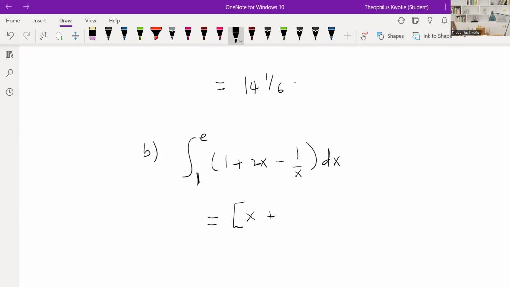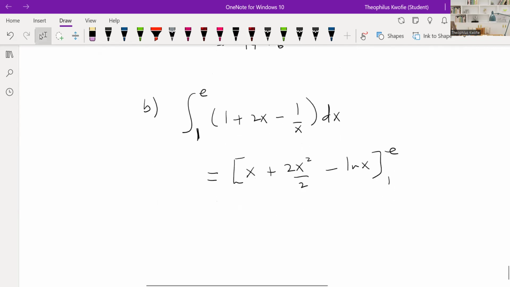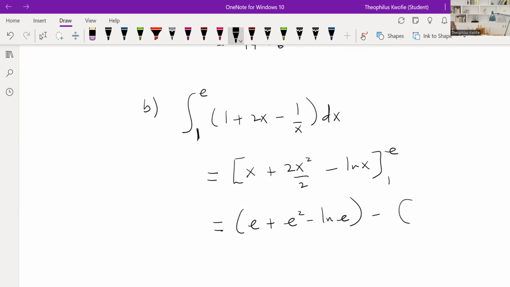And when we integrate 2x, we get 2x to the power 2 on 2, minus ln x. Then we evaluate at the limits, right? So over here, we just have to plug in and see what we can get. Next, we evaluate at the lower limit, and that should give us what?